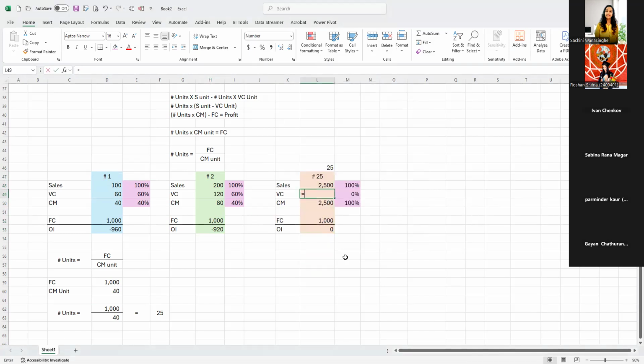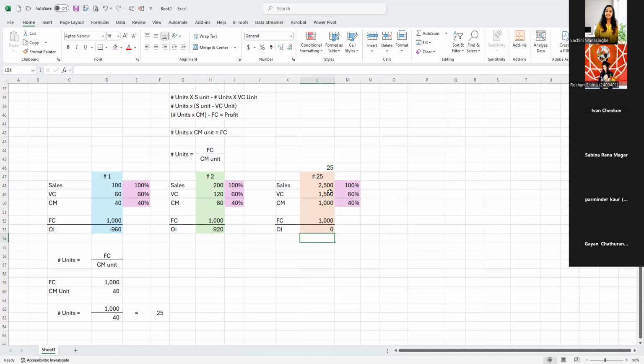Variable cost: 60 times 25, 1,500. How much is my contribution margin now? 1,000. Is that what we wanted? Yes. That's exactly what we wanted. How much is my operating income now? 0. Why? Because my contribution margin became equal to the fixed cost.